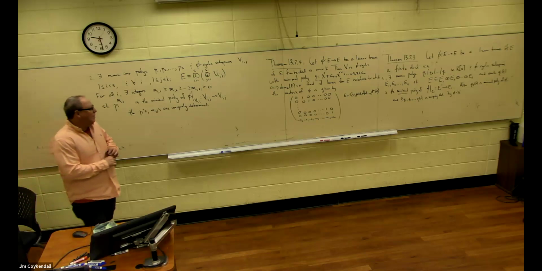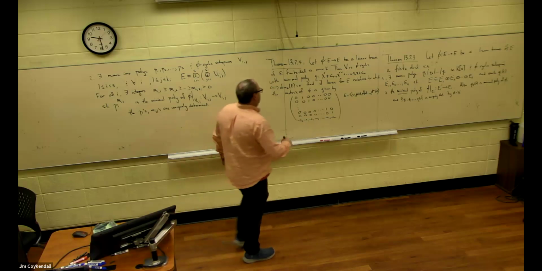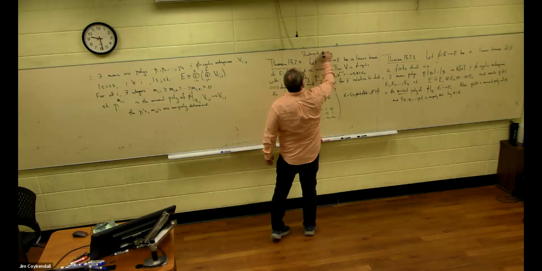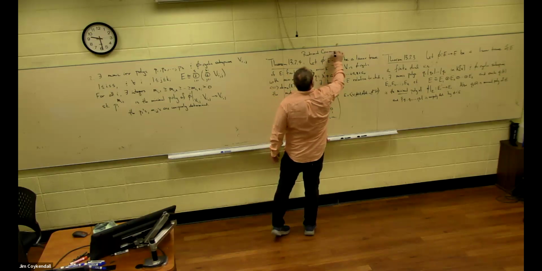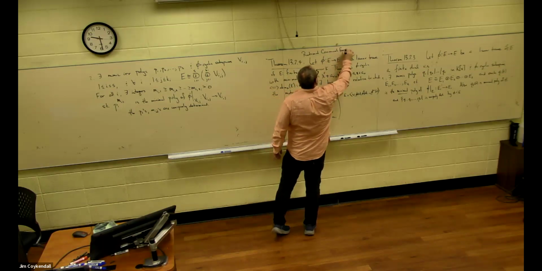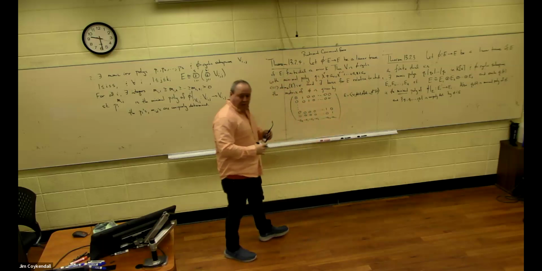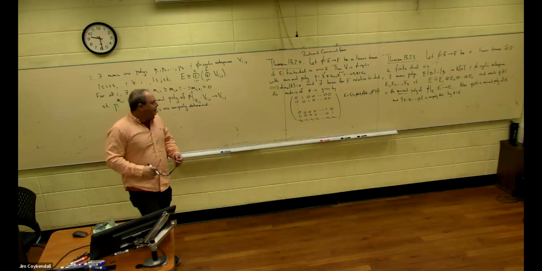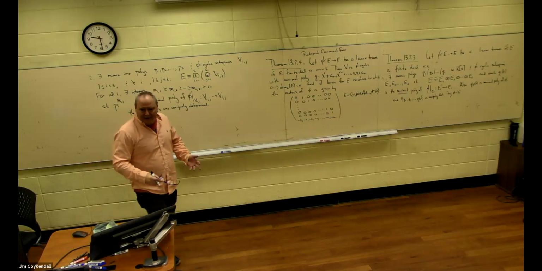Okay, so this is called rational canonical form. And there are a couple of ways you can do this. You can use the rational canonical form in terms of invariant factors or elementary divisors.